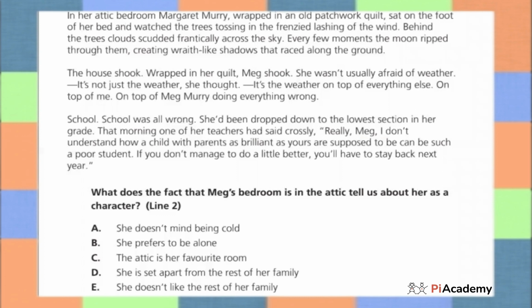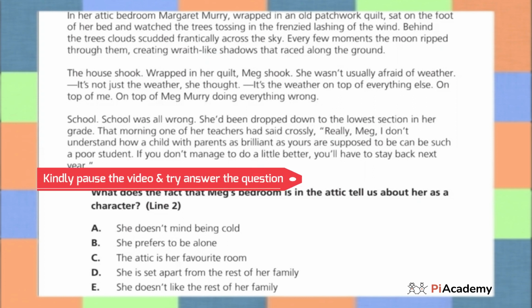Thank you very much. Okay, so we have a multiple choice question for our first close reading question. What does the fact that Meg's bedroom is in the attic tell us about her as a character? So we're using the information that we've got and we're making an inference here. I'll give you a couple of minutes.